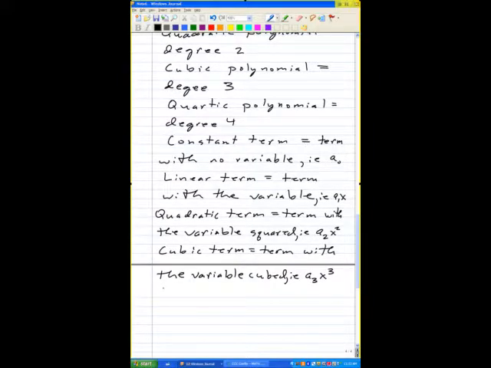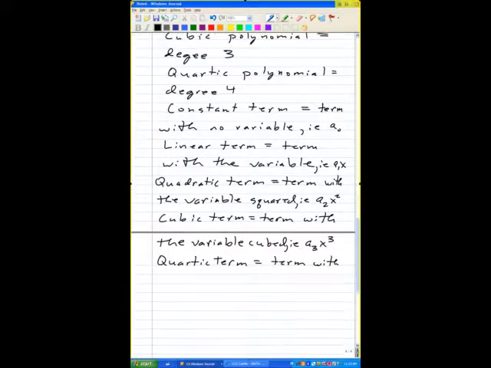So the quartic term is the term with the variable to the fourth power. So in the above case, it was 4x to the 4, etc.